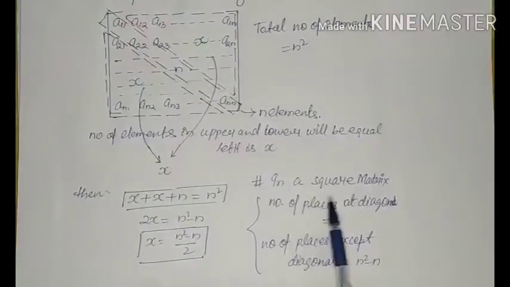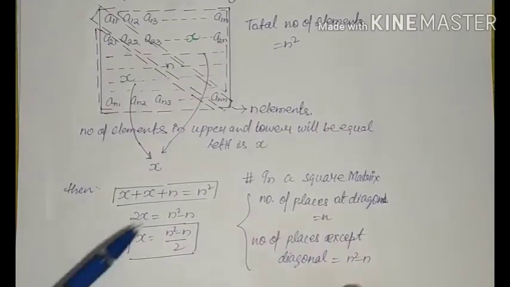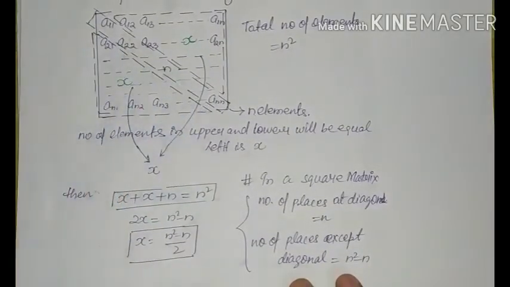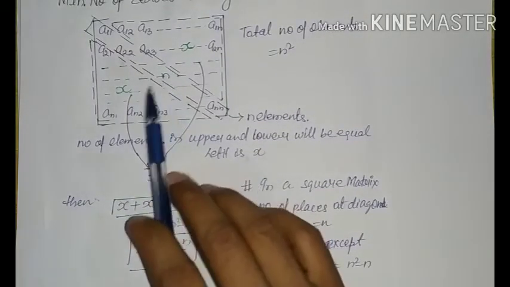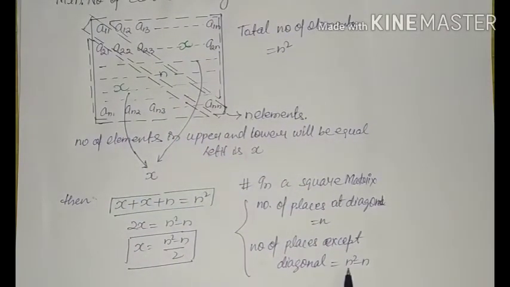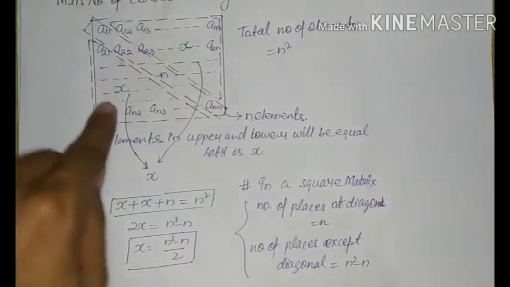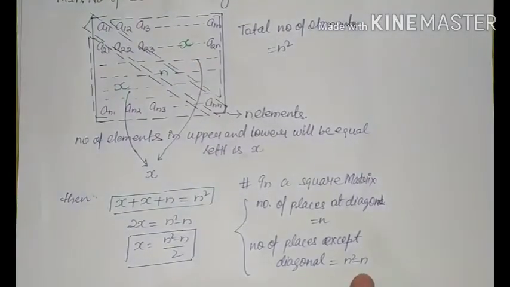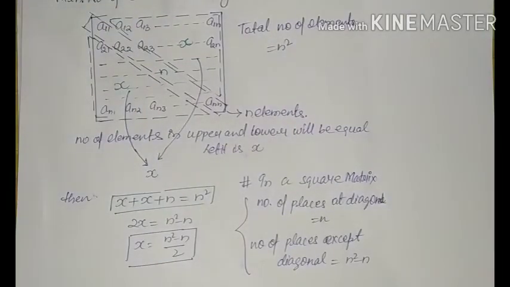In a square matrix the number of places on the diagonal is n, and except the diagonal, the number of places is n square minus n, meaning x plus x equals n square minus n blocks are available there.